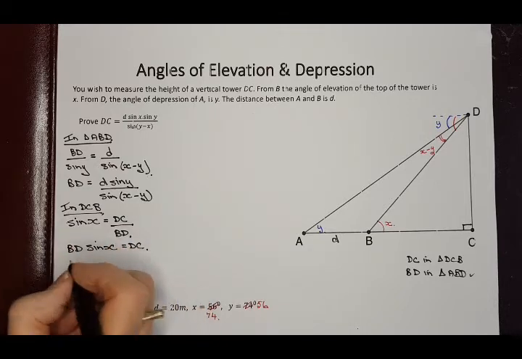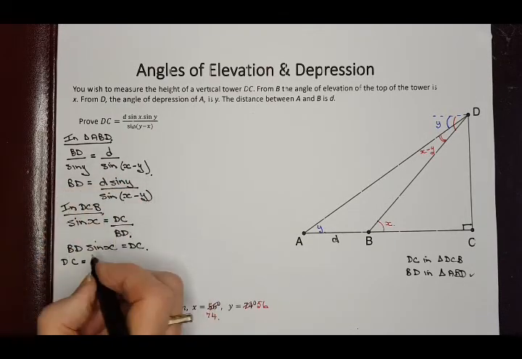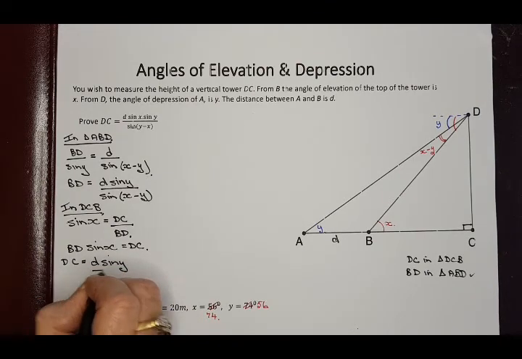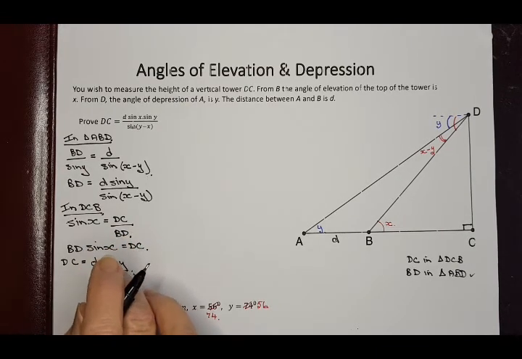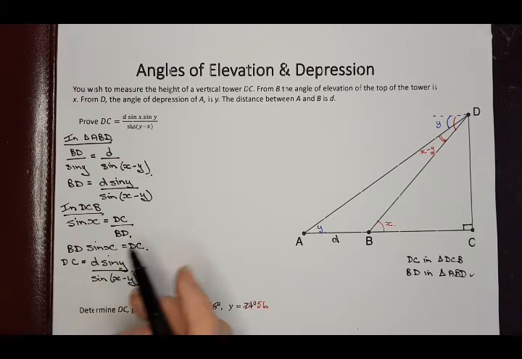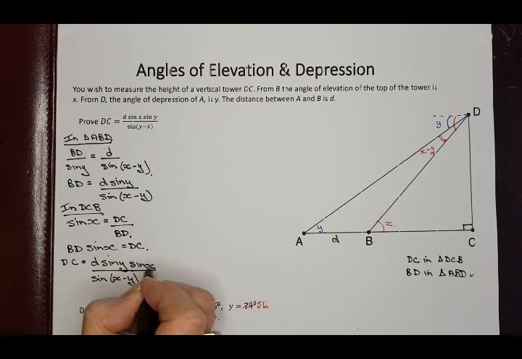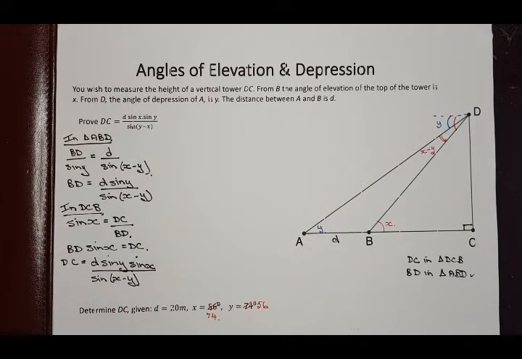So I'm just going to write the DC on this side. DC is equal to BD, which happens to be d sine y, all over sine of x minus y, multiplied by sine x. And lucky for us, our answer is exactly what we were trying to prove.